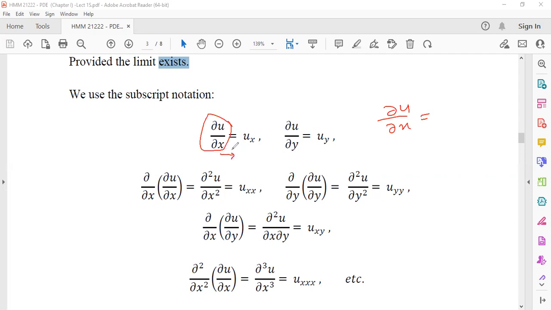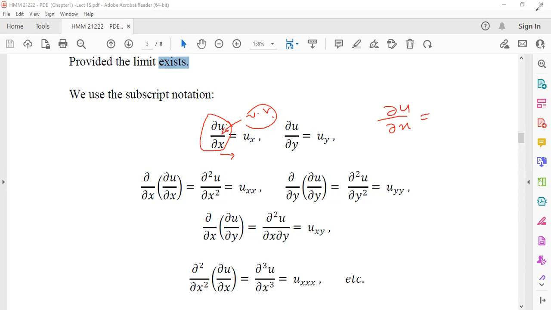We already saw it up there. Yes, good, I got one answer. Can I get some more answers? You have to say it is the partial derivative of u with respect to x. That's how you have to answer me. Good, you got the idea.